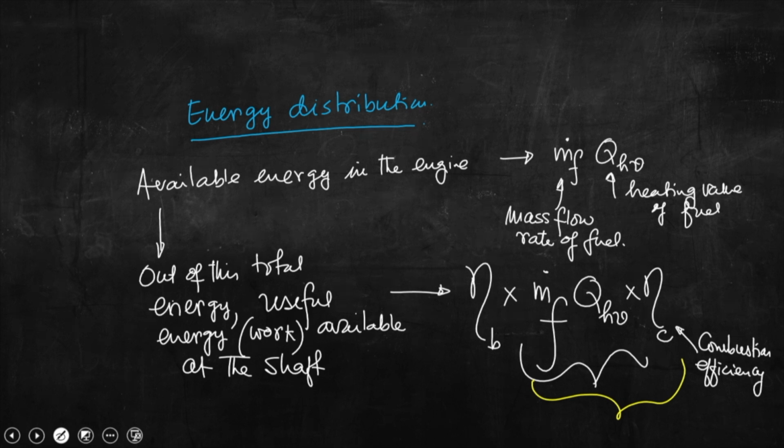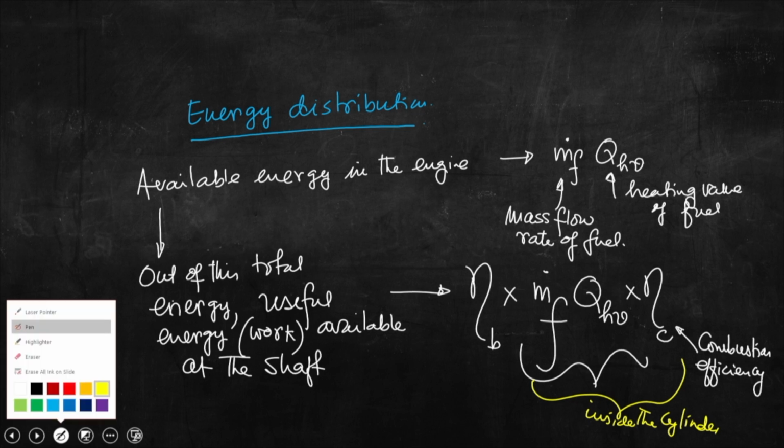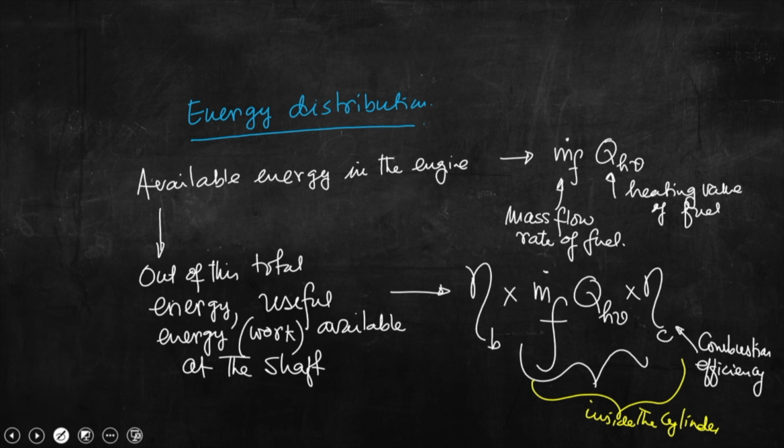So, this is inside the cylinder, and this is with the fuel, and finally, this is what is available at the shaft. So, this is brake thermal efficiency.